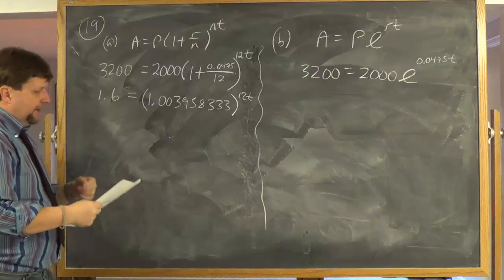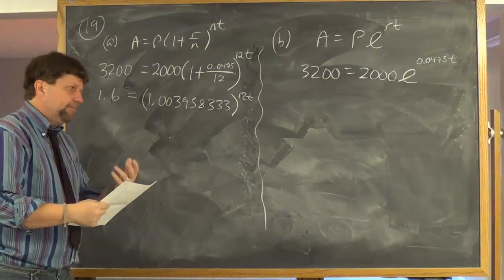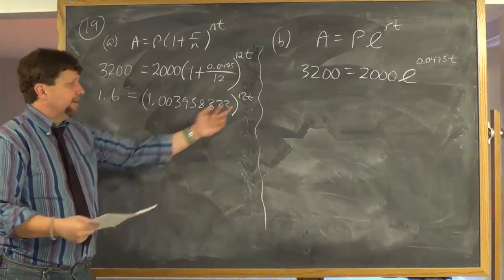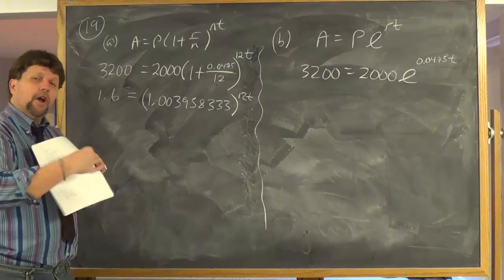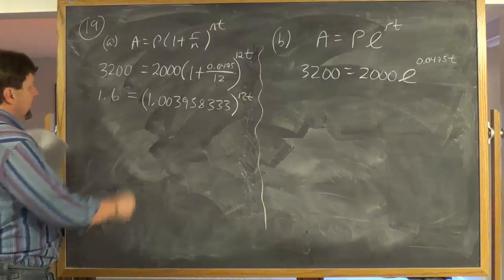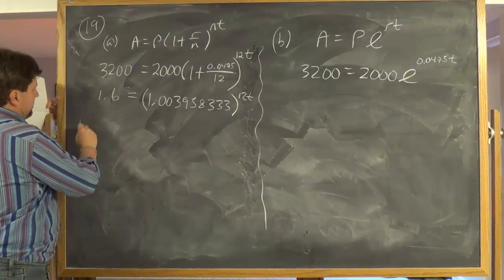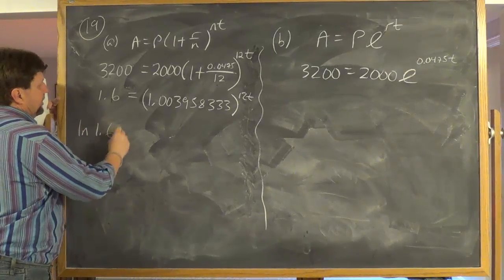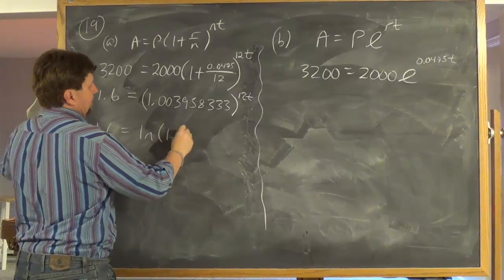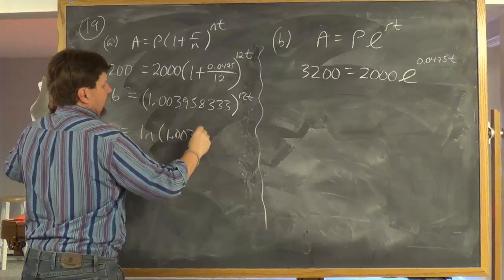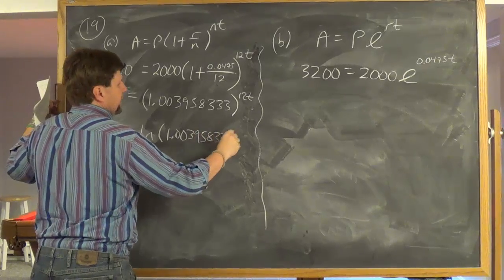Next, it kind of looks a little bit like 18 part B when we were solving. We've got to get this out of the exponent position. I should take the log of both sides of the equation. And again, like I did in 18 part B, I'll do the natural log. So I take the natural log of both sides. And I have to keep writing this big ugly number down.